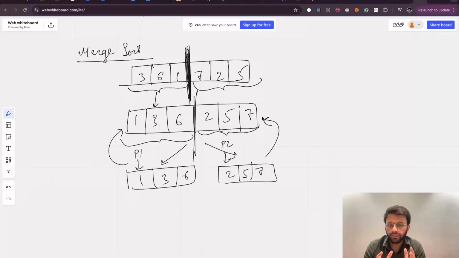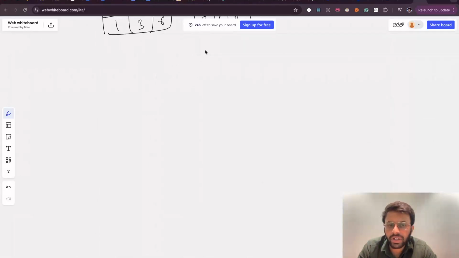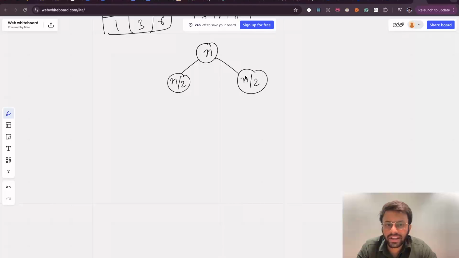Now, if we look at it from a recursive tree approach, it looks something like this. We have a tree, we have an array of size n. I am asking recursion to solve for an n by 2 size array and an n by 2 size array.